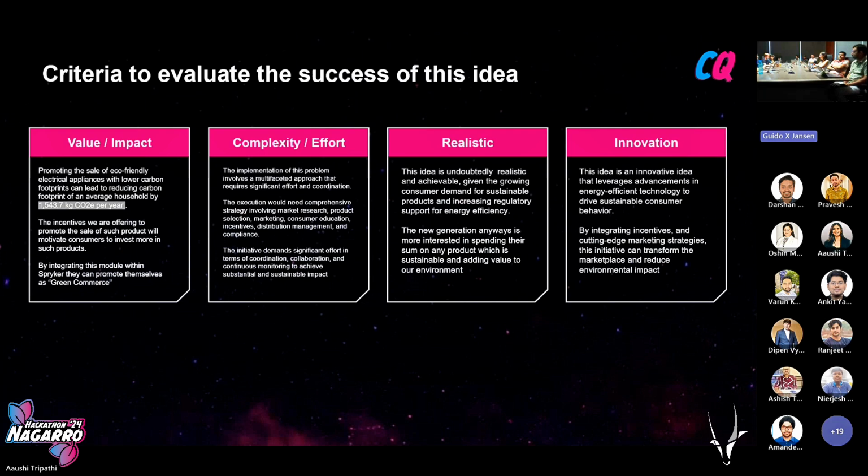By decreasing this, we are helping our environment first, and then we are attracting more customers, because nowadays a lot of people, and a lot of youth as well, are only into buying organic or sustainable products. And by integrating this module, Spryker can call itself green commerce.